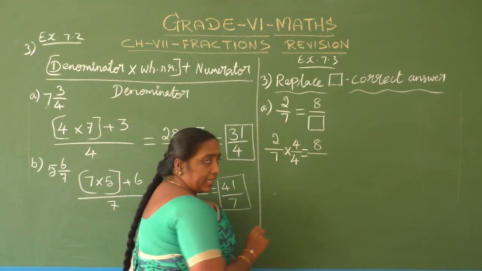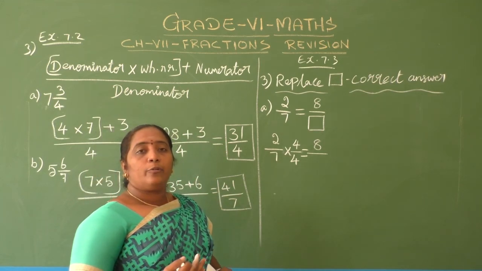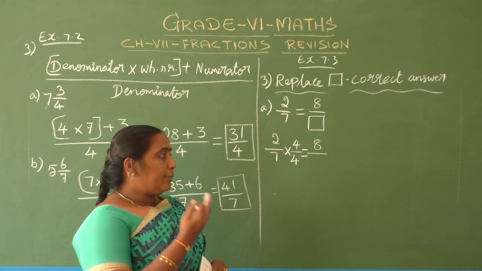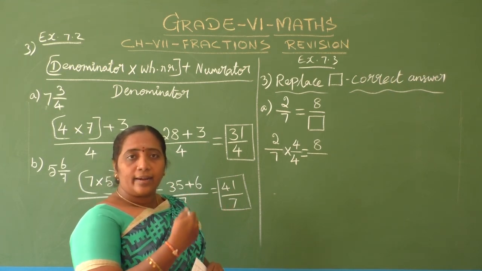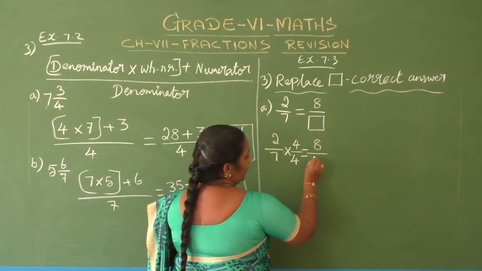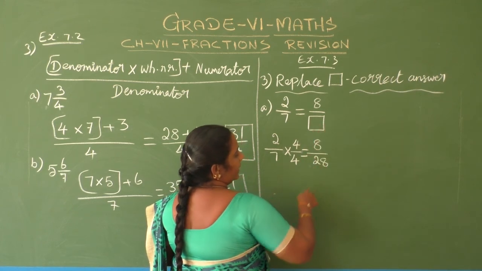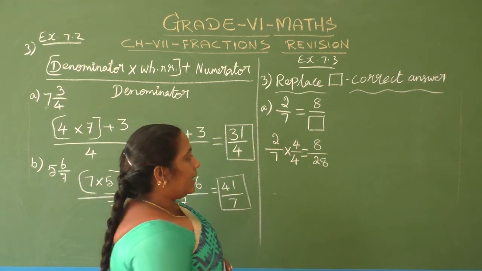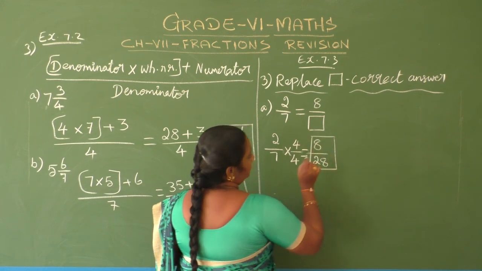Then only it's an equivalent fraction. Whenever you are finding the equivalent fraction, you have to do multiplication or division by the same number for the numerator and the denominator. See, 2 4s are 8. So 4 7s are 28. Now we replace this box and find the answer. What is the answer? 8 by 28 is the answer.